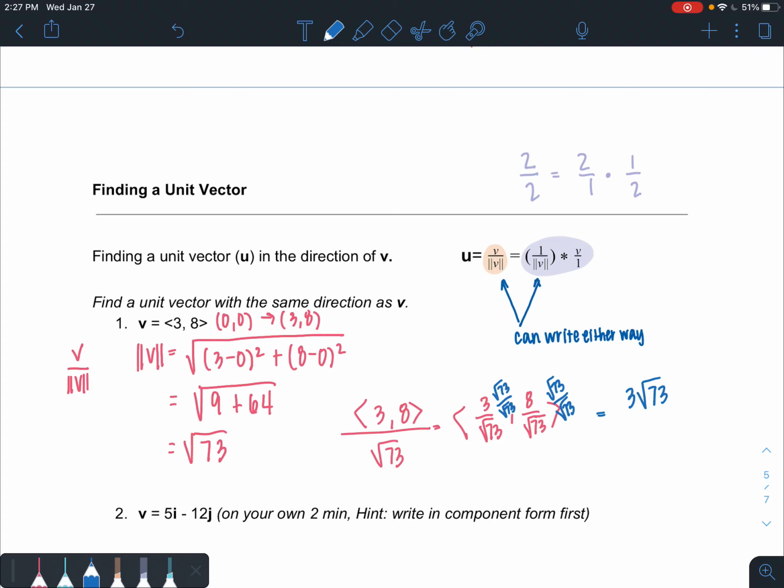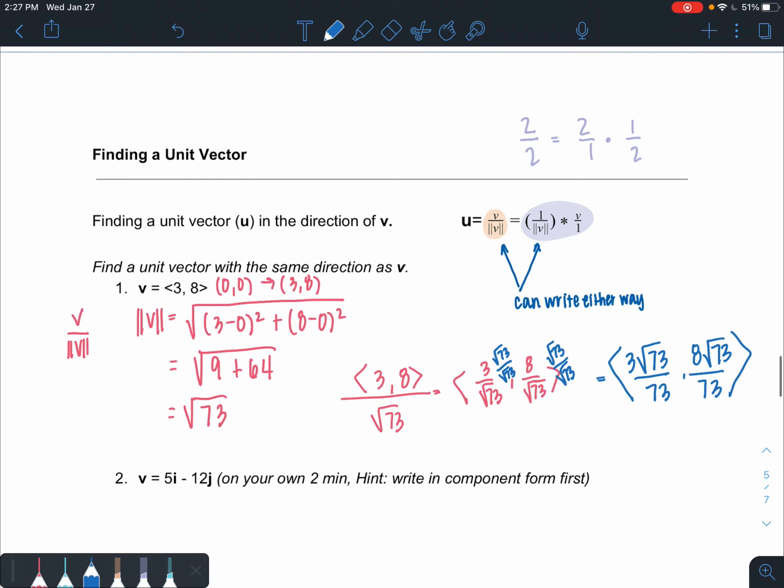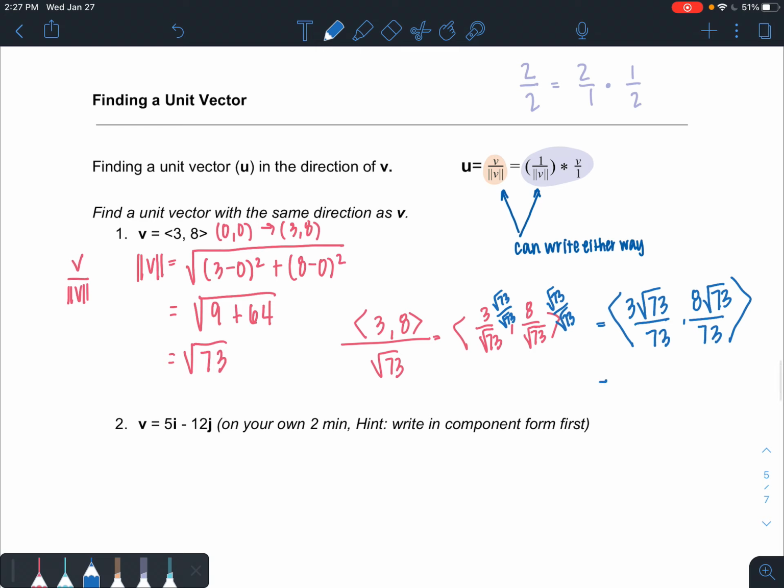So we get 3 radical 73 over 73 and 8 radical 73 over 73. That is the exact form of my unit vector. If we want to approximate it to graph it, it's about 0.35, 0.94. Just be careful when you're typing that into your calculator.